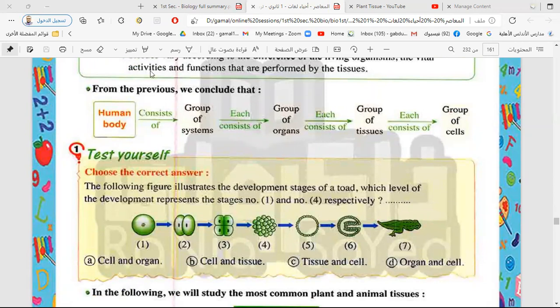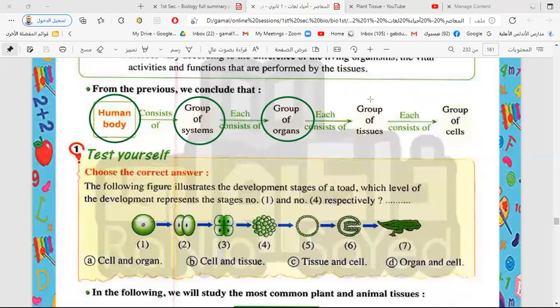The living organism is made of many levels. The first level is the whole body, the human body for example, or a tree in the plant. The body is made of what? A group of systems. And the system is made of what? The system is made up of a group of organs.